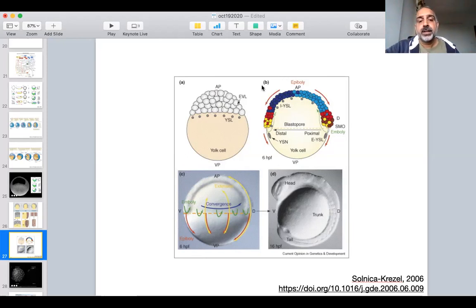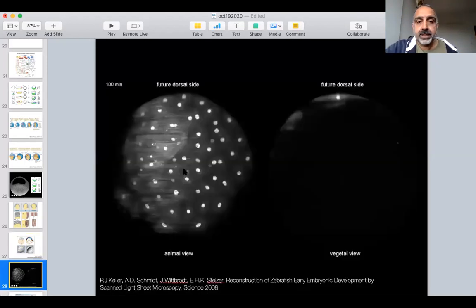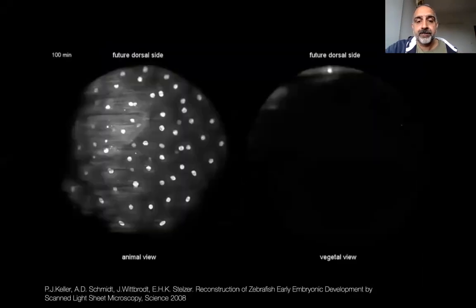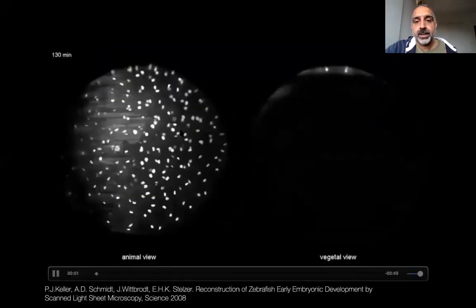The way this has been explained to me is it's like putting one of those beanie hats on. You pull the hat down like this, and this is the same thing that's happening here in epiboly.